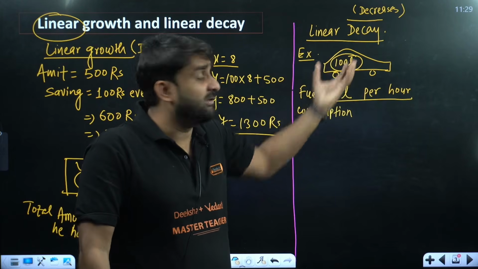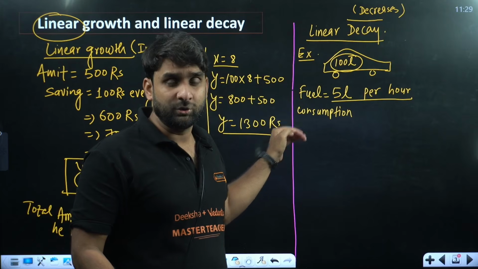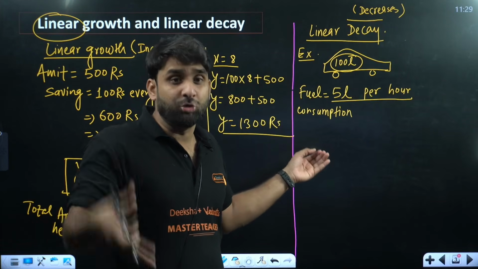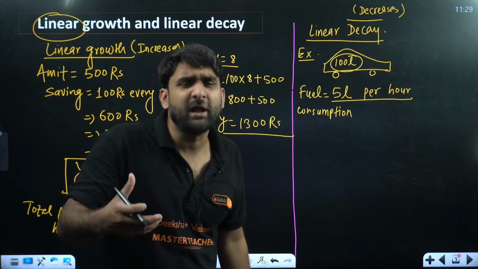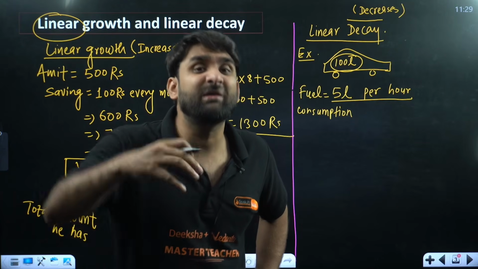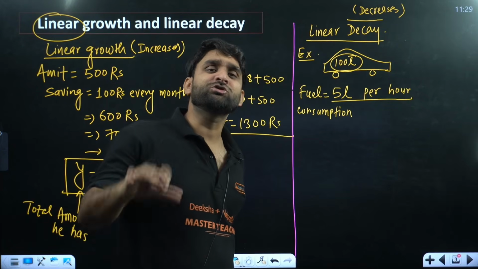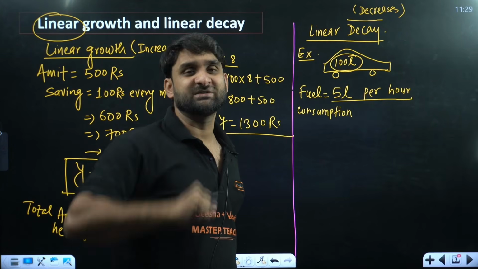As you started driving your car, the fuel is getting consumed at 5 liter per hour. So my question is, how much fuel will remain after 6 hours? Tell me, how much fuel will be remaining in the car after 6 hours?